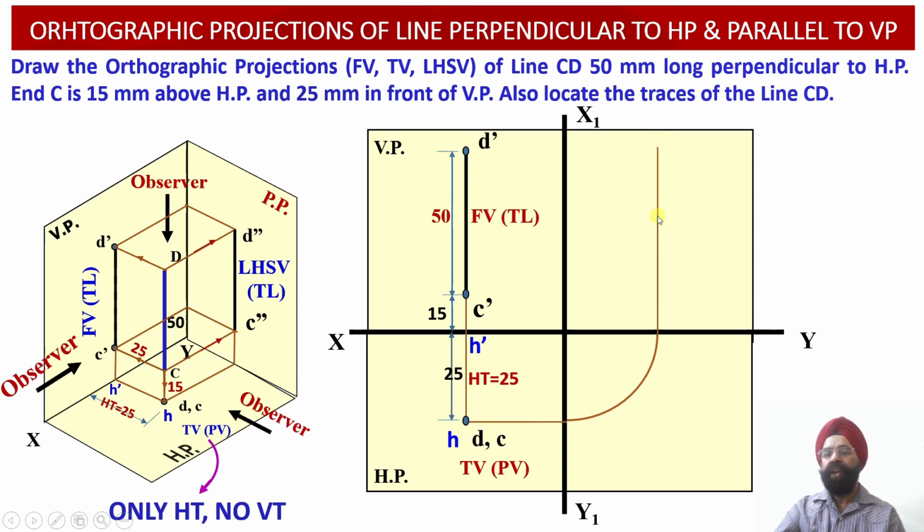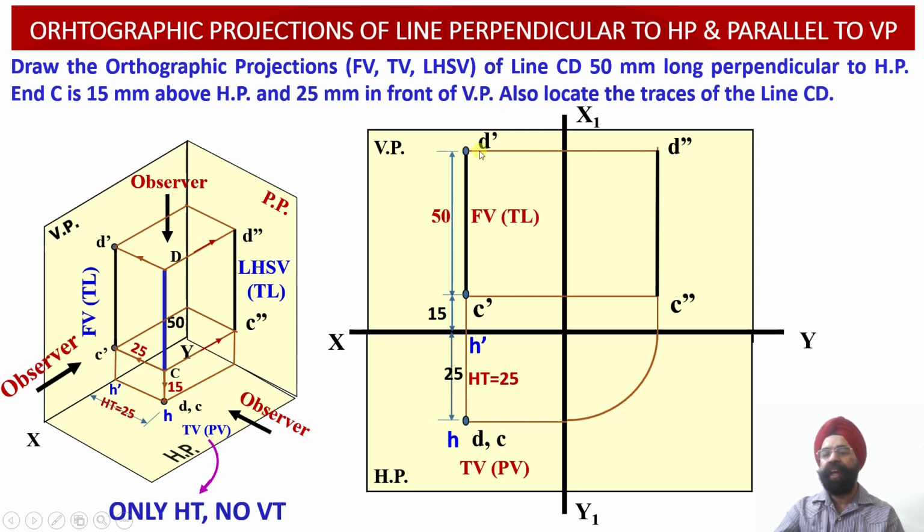Now in order to locate the projections of this line in the left hand side view, we need to draw two horizontal locus lines, one from the point C dash and another one from the point D dash over here. So the point of intersection of the horizontal locus line emerging from the point C dash will provide us with the location of the point C double dash in the left hand side view.